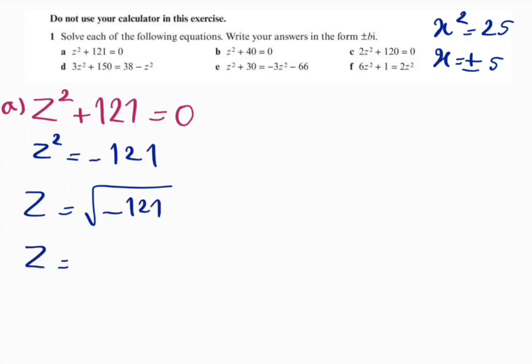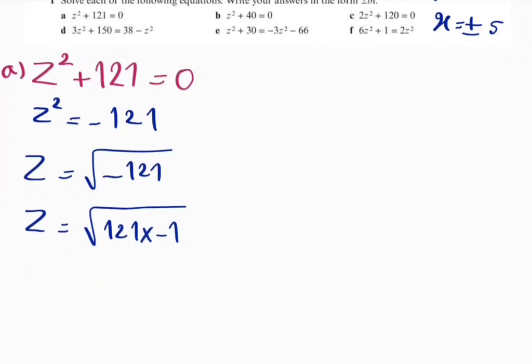Now in the previous section we learned how to write such square roots in terms of i. This can be written as root 121 times minus 1, because that's one of the rules that we are always allowed to use when we are working with surds.